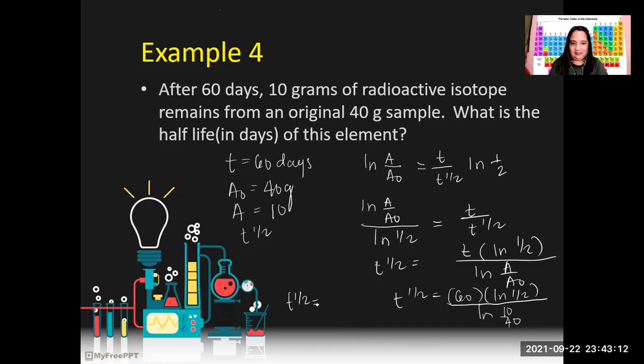So that's 60 times ln of 0.5 all over the natural logarithm of 10 over 40. I'm getting 30. So the half-life of this radioactive isotope is 30 days.